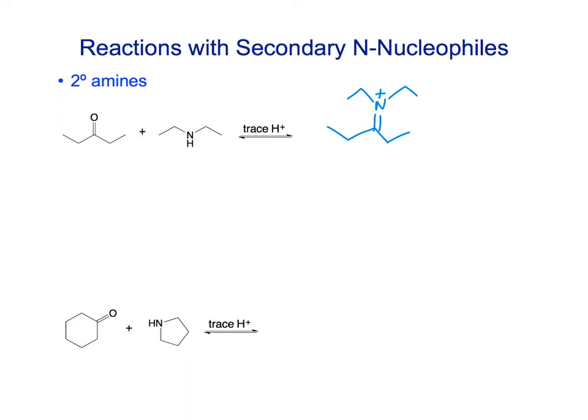And so what's going to happen is from here we want to get to a neutral species. When we had the primary amine, we just deprotonated the nitrogen because we had the extra proton on the nitrogen, but we don't have a proton on the nitrogen here. So what it does is it loses a proton on the adjacent carbon.